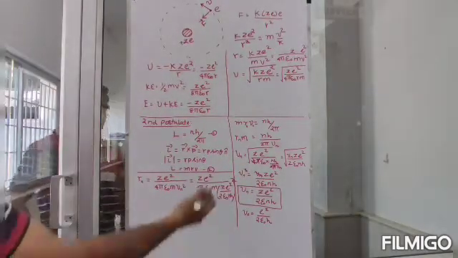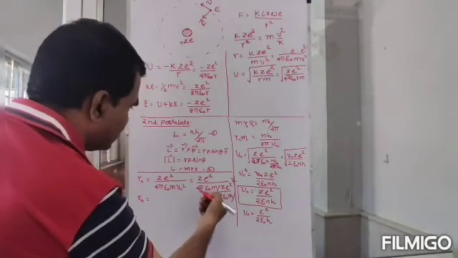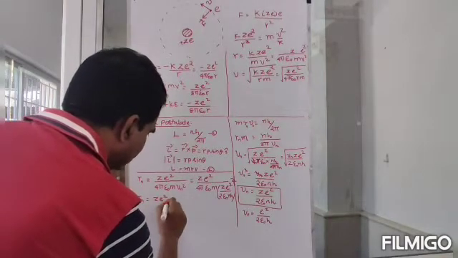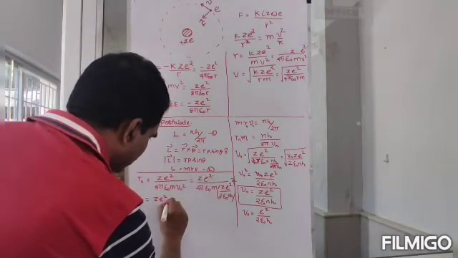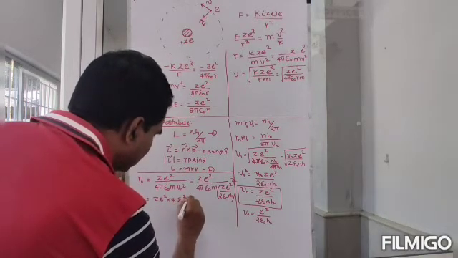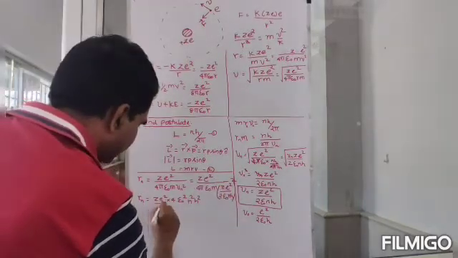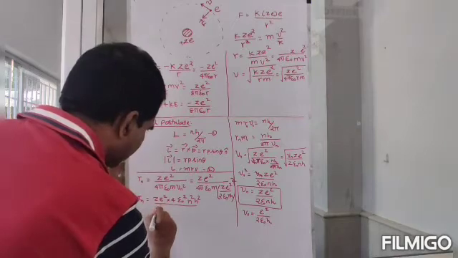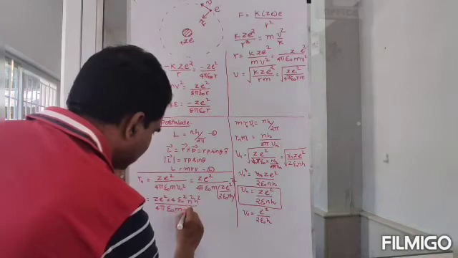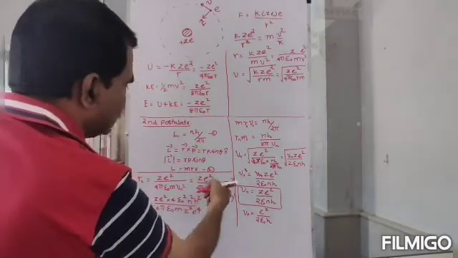So what's going to be Rn now? Rn is going to be equal to, take this part up, Ze^2 into, this will become 4 epsilon naught squared n^2 h^2, divided by 4 pi epsilon naught m Z^2 e^4, because we're squaring this term also.